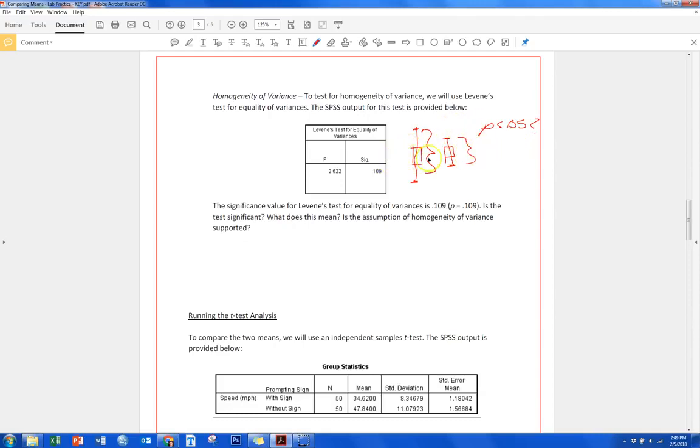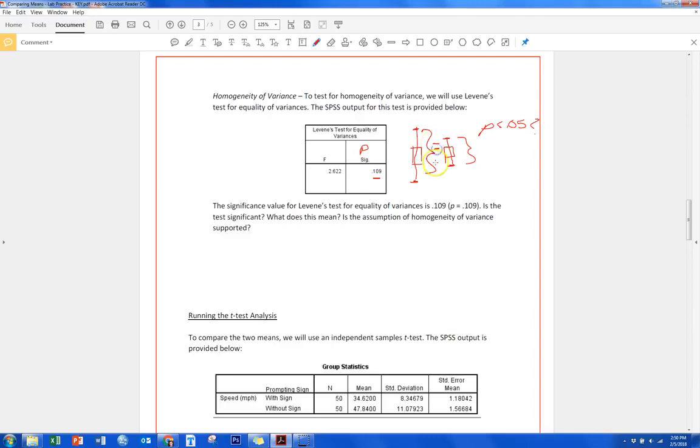If it's not, then there's not. So over here, significance, this is our p-value for this test, is 0.109. So that is not less than 0.05. 0.109, that's 10 hundredths, is not less than 5 hundredths. Therefore, it is not statistically significant. In other words, these are not significantly different.